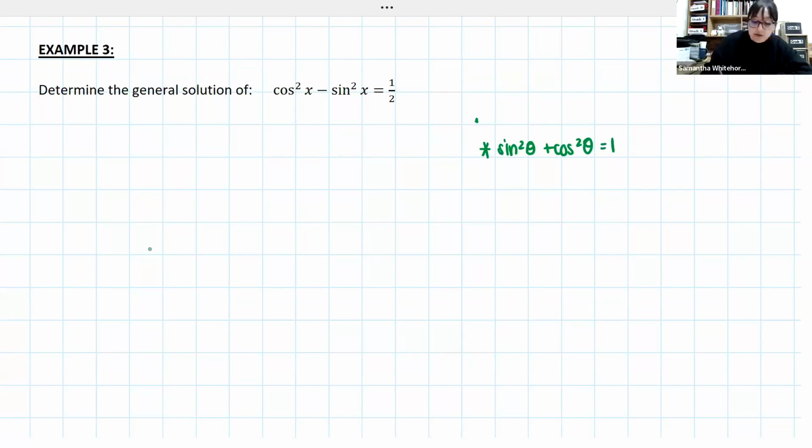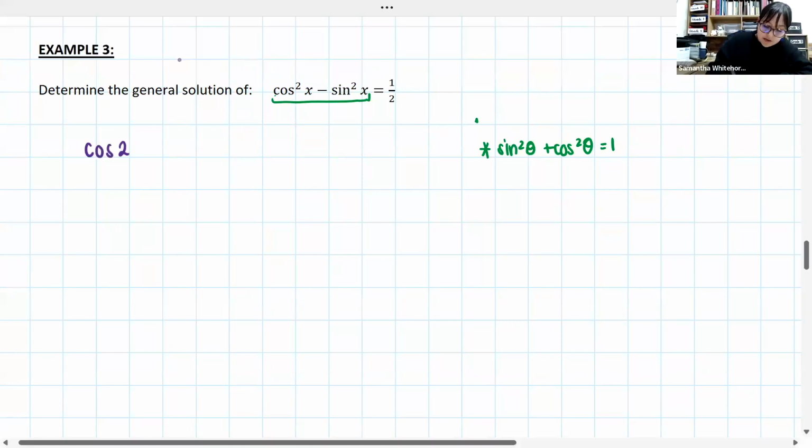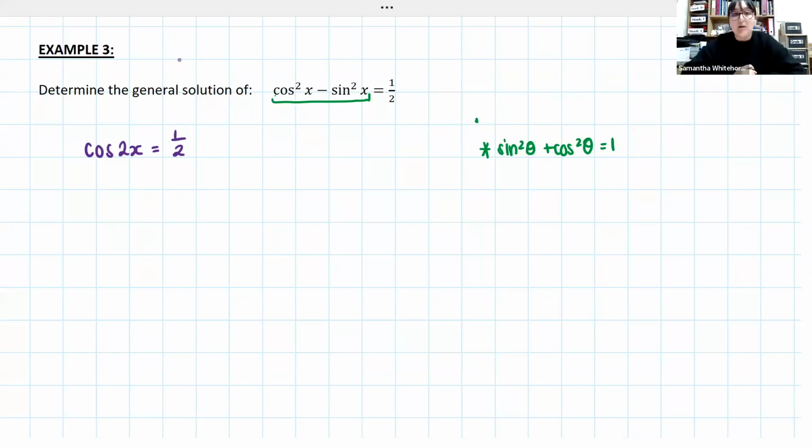This situation here is your cos double angle. So what this actually reduces to is that cos of 2x is equal to a half, right? So we've used a compound angle situation where we went from the expanded compound angle down to a single term. Here we've got a double angle and we can essentially write it as such.